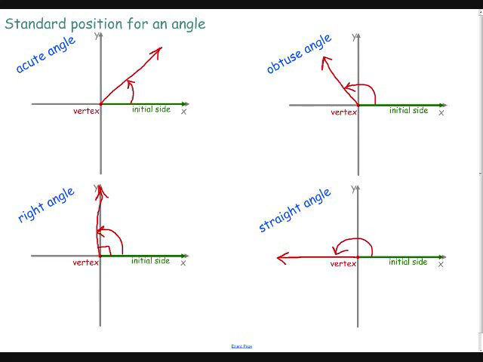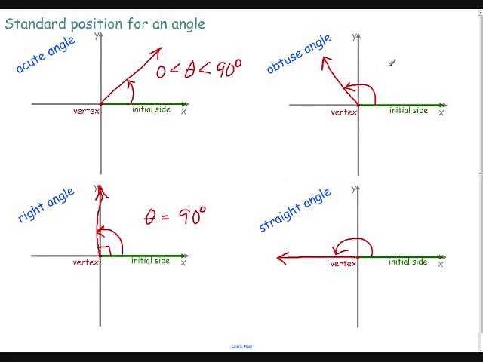So let's go back here. In this case, your angle, and we'll call it theta, is greater than 0 and less than 90 degrees. A right angle, theta, is equal to 90 degrees.